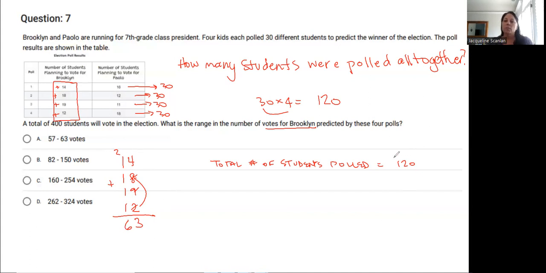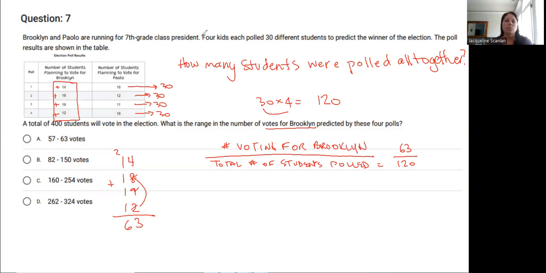What that tells me is that I have 63 out of 120 students that voted for Brooklyn. So if I'm creating this fraction, my denominator is the total number of students polled. My numerator is going to be the number voting for Brooklyn. Okay, so that's the first step.